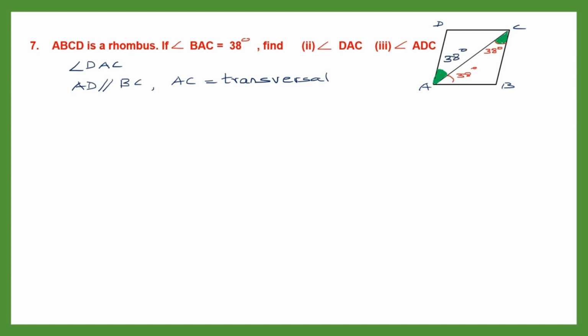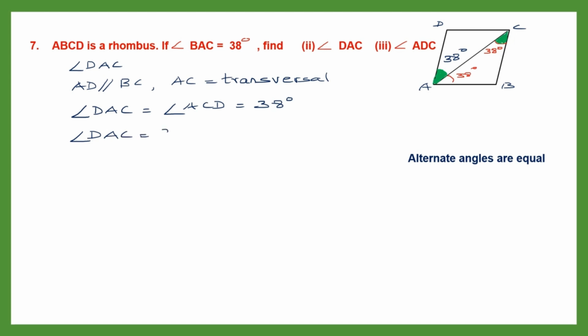So angle DAC will be equal to angle ACD, and both will be equal to 38 degrees, because alternate angles are equal. So we have found angle DAC is 38 degrees. This is the answer to the second question.